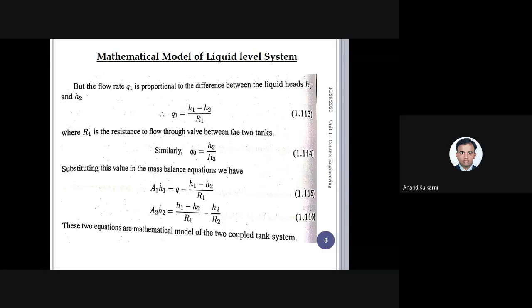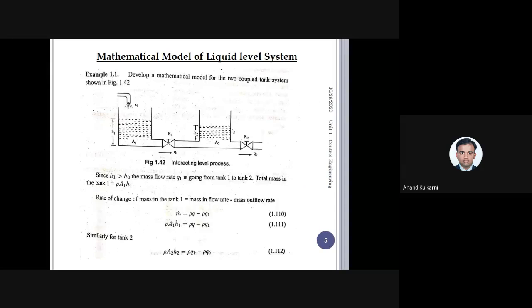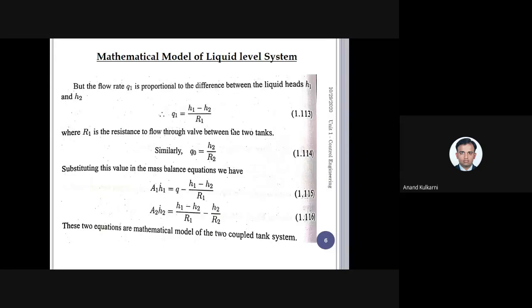Substituting q1 and q0 in equations 1 and 2, we get A1 H1-dot is equal to q minus (h1 minus h2) divided by r1, and A2 H2-dot is equal to (h1 minus h2) divided by r1 minus h2 by r2. This is what we are going to get.